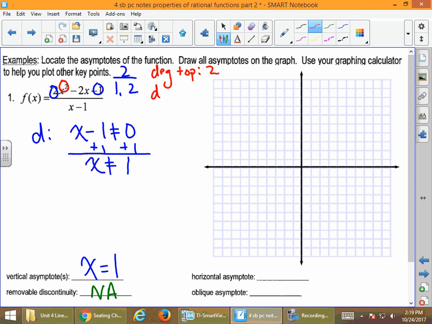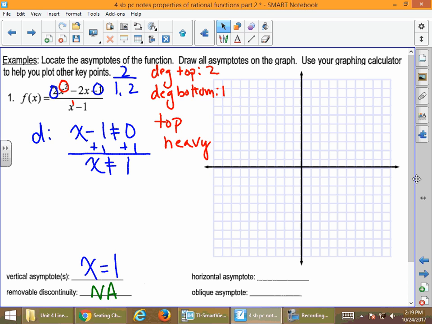And the degree on the bottom is the exponent on the x, which is 1. And we've got 3 situations. We have bottom heavy, we have the same degree, we have top heavy. And in this particular case, we have in the numerator, the top of the fraction, 1 degree more than the bottom. This is going to be a top heavy function.